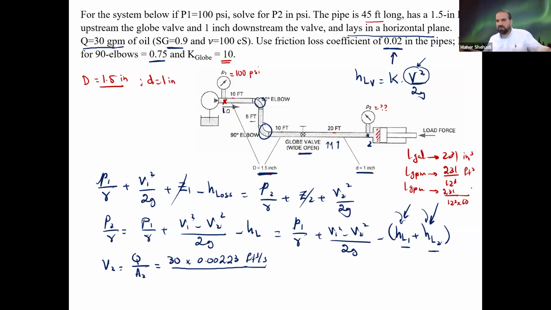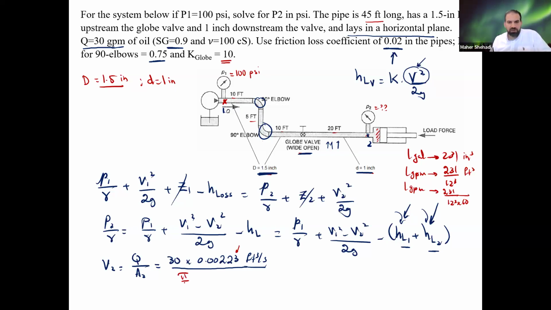So this should be what we have there. It's 0.002228 and some change. So I just rounded that to 0.00223.